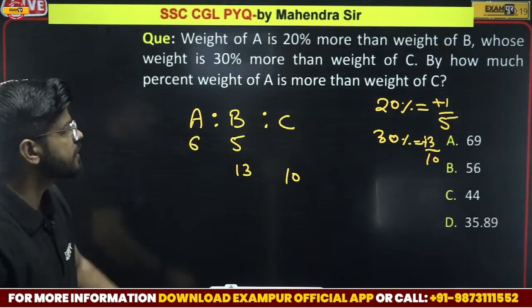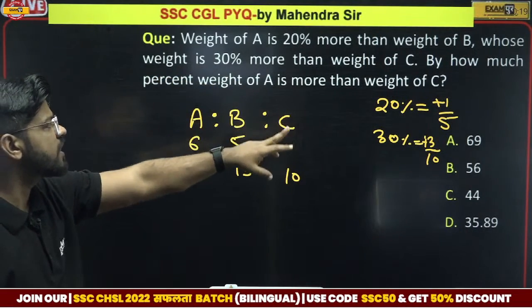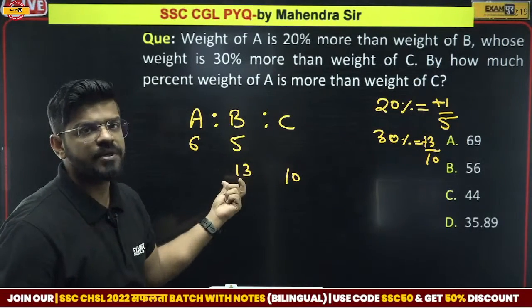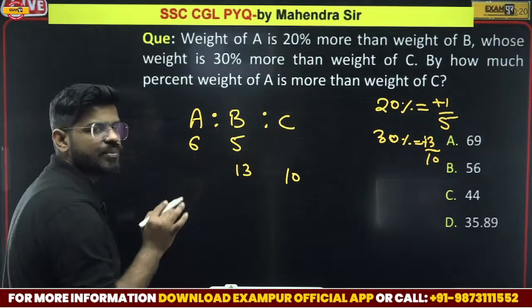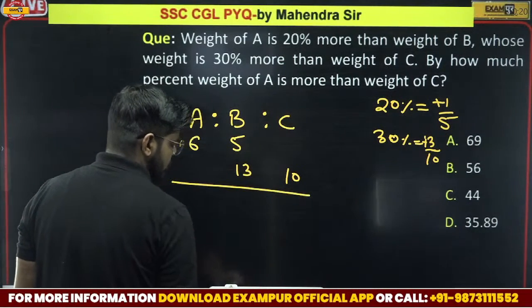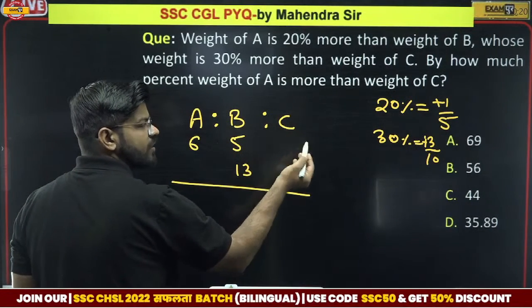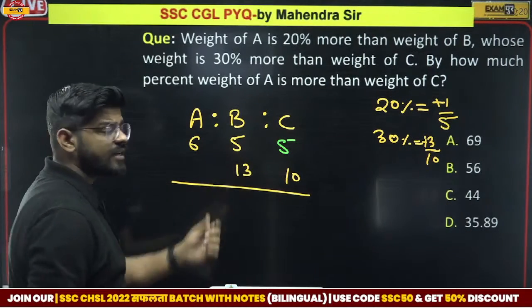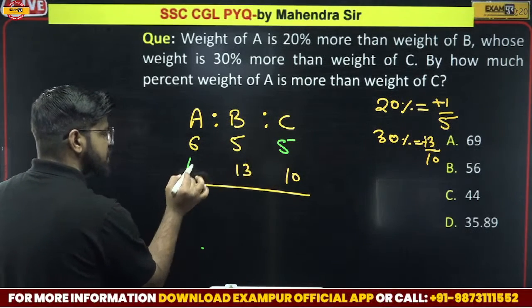It says B's weight is 30% more than C. So if C has 10, then B will be 13. Now you know how to solve this. Here we don't have any C, so copy the adjacent number, which is 5. So copy 5, and here copy 13.